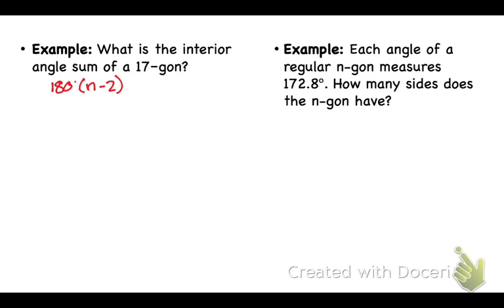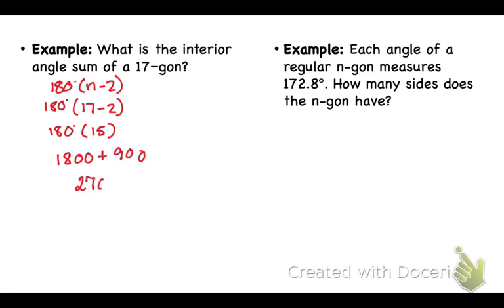So what's n? 17. So 17 minus 2 times 180. So 180 times 15. So 10 times 180 is 1800, right? Plus 5 times 180, so 900. So you should get 2,700. Yes.